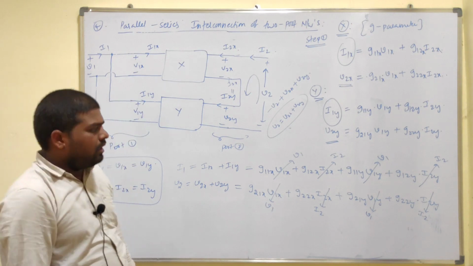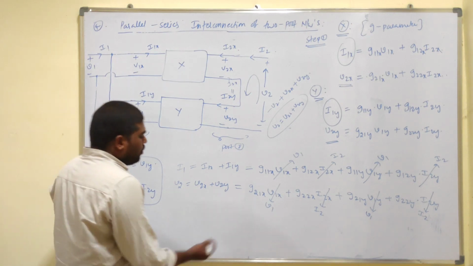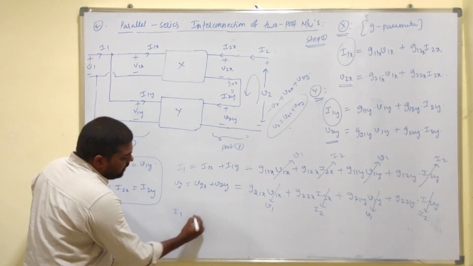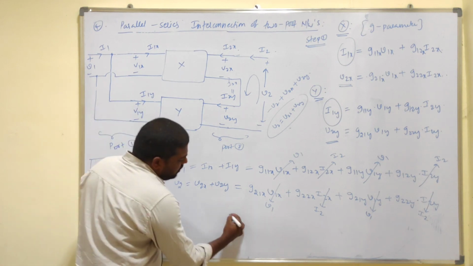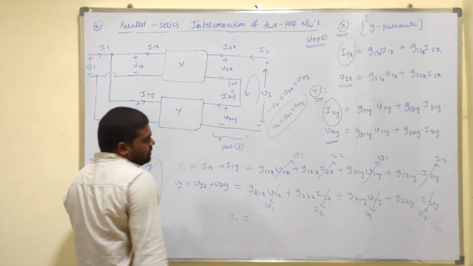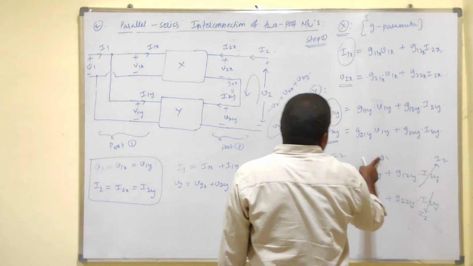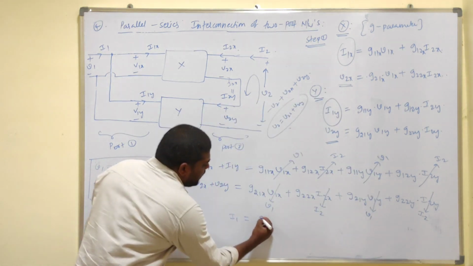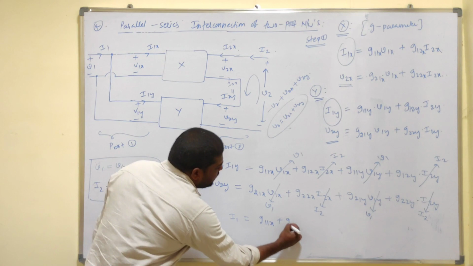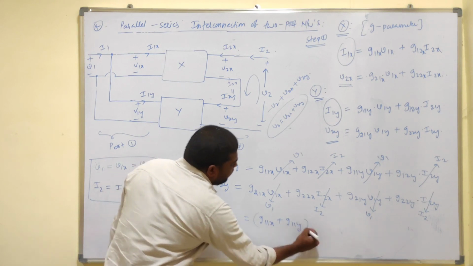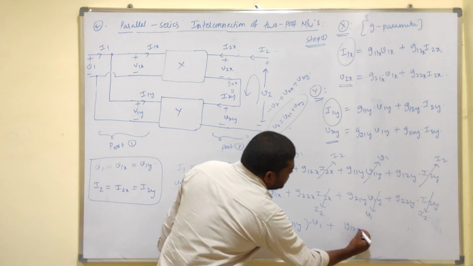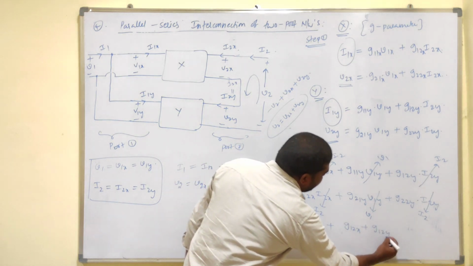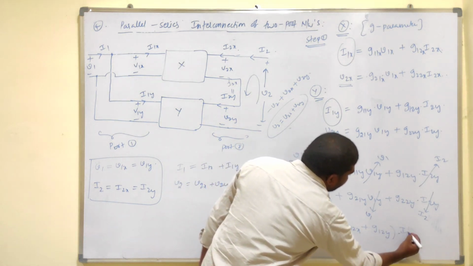Clear? Now you can write the overall expression. I1 equals, taking the common factor, G11x plus G11y into V1, plus G12x plus G12y into I2.